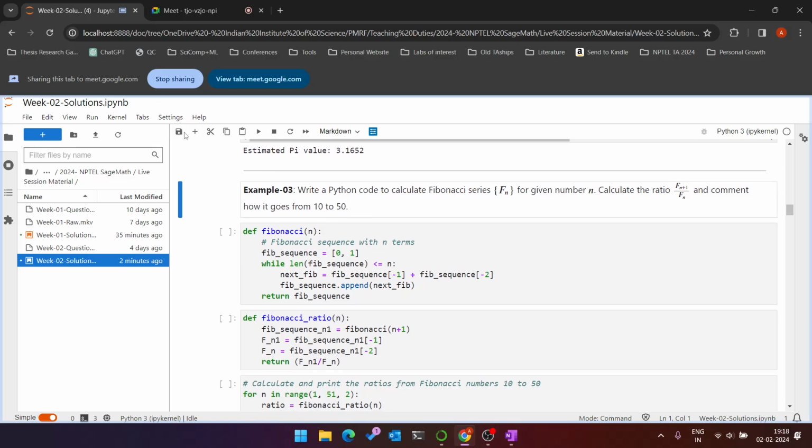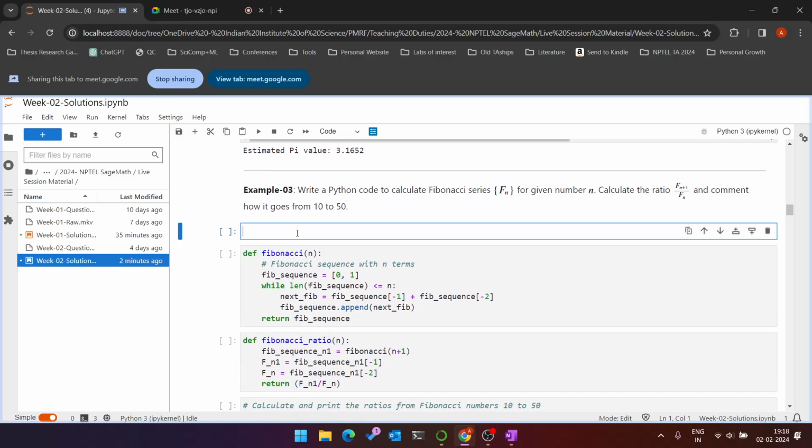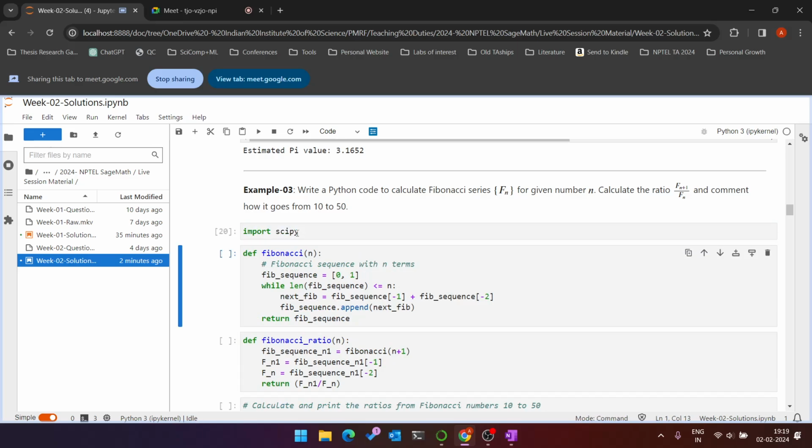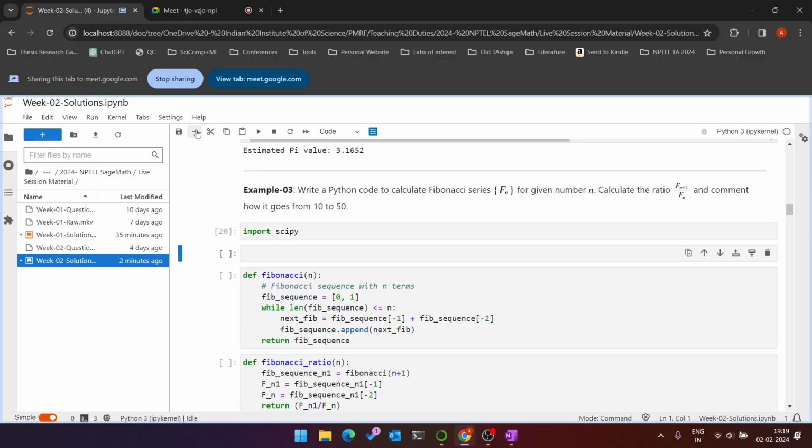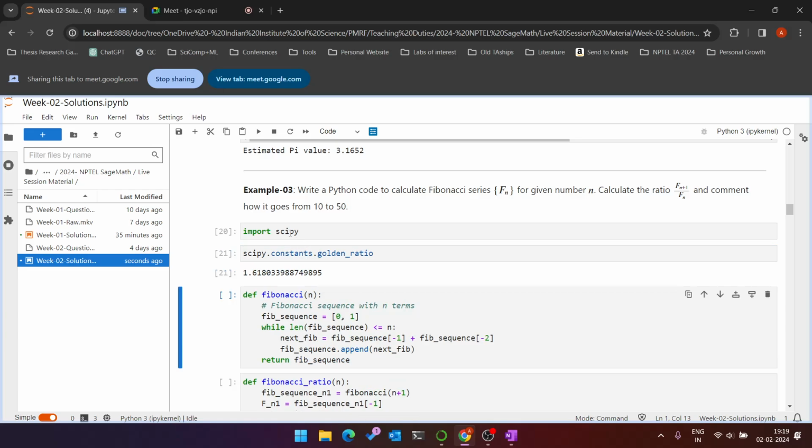If you want to see what the golden ratio is, there is in SciPy, scipy.constants.golden_ratio.